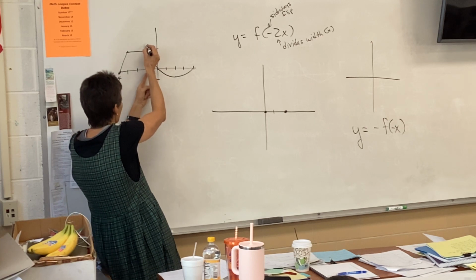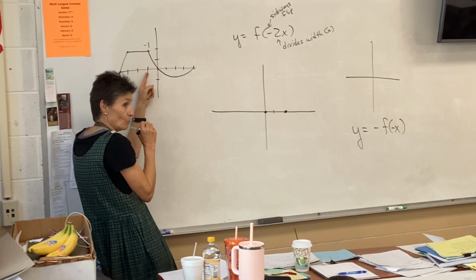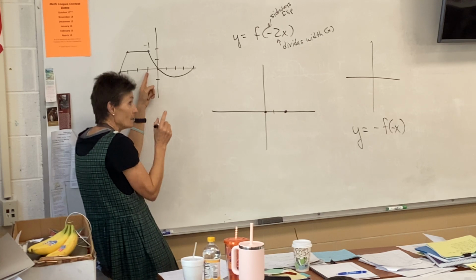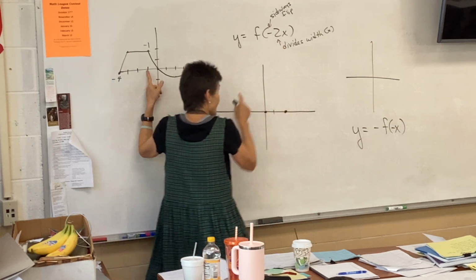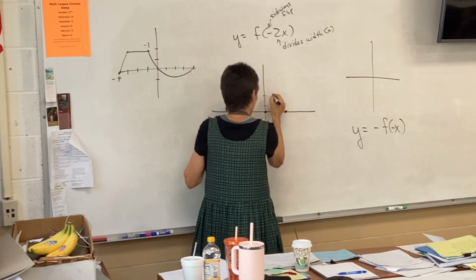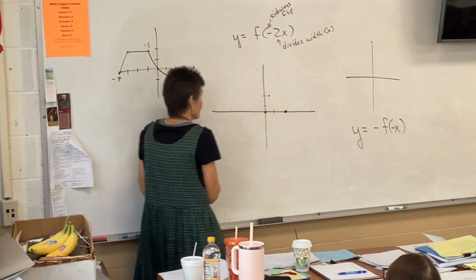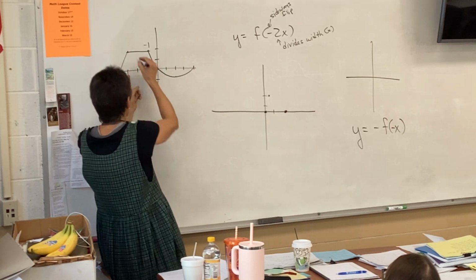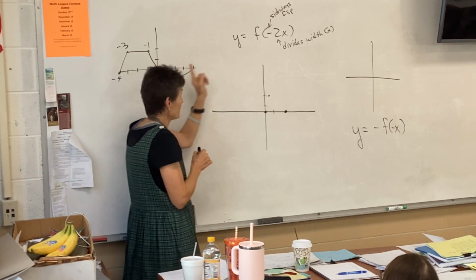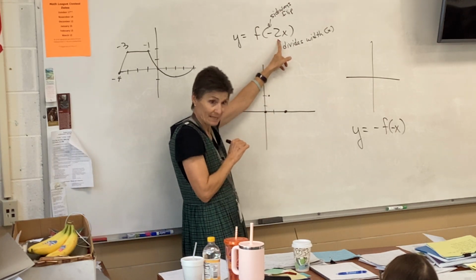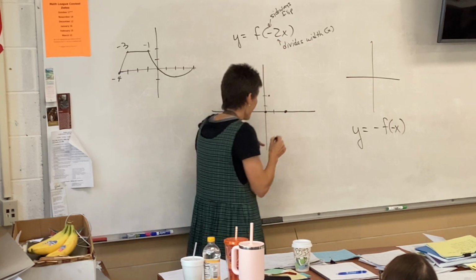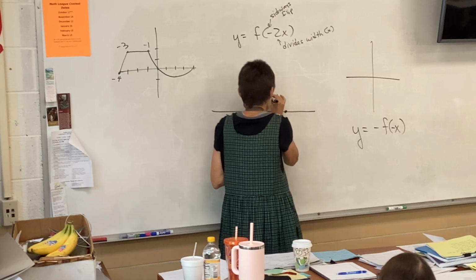This is the point, x is negative 1, y is 2. Negative 1 divided by negative 2 is 1/2. Now the y didn't change, so it's up there. This one is negative 3, 2. Negative 3 divided by negative 2 is 1/2. So there's your trapezoid.